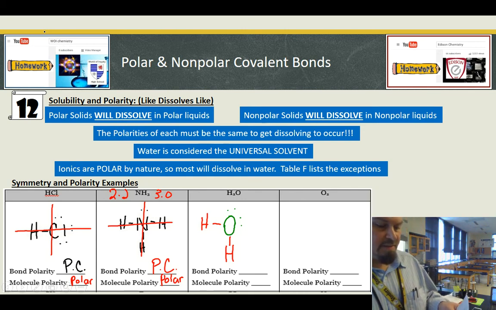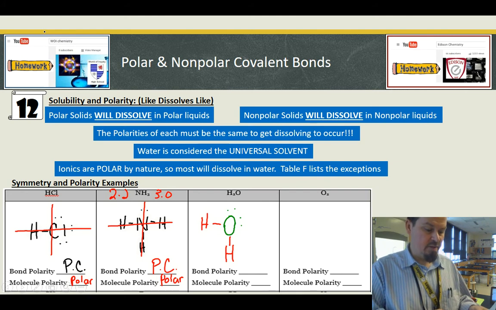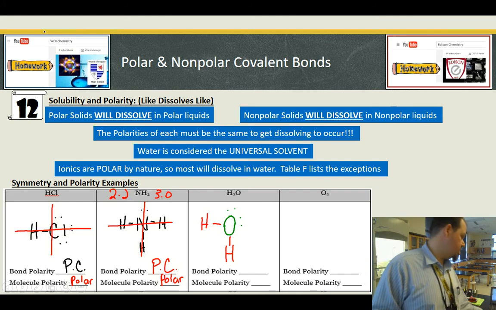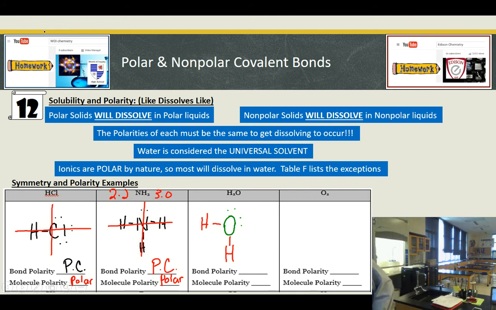I've just seen it so many times. And hydrogen's 2.2. When I subtract those, that's 1.2. So that's, again, a polar covalent bond. The bond between one oxygen and one hydrogen is polar covalent. And then when I cut it this way, it's not the same on both sides, so it is a very polar molecule. There's an obvious positive side and an obvious negative side.